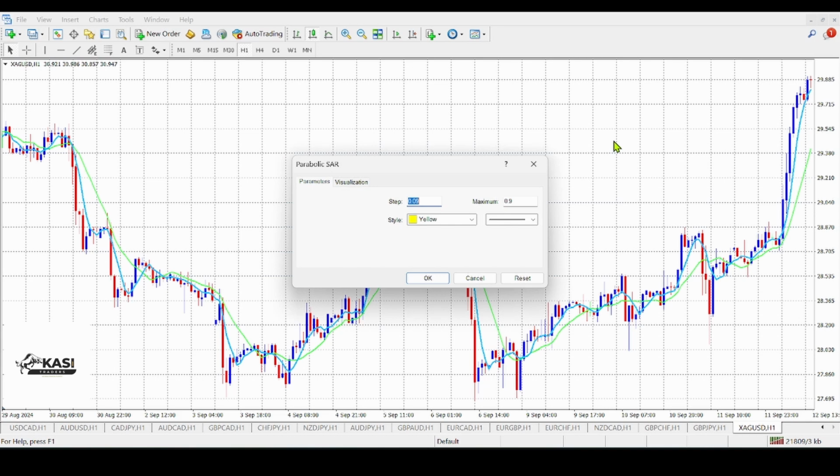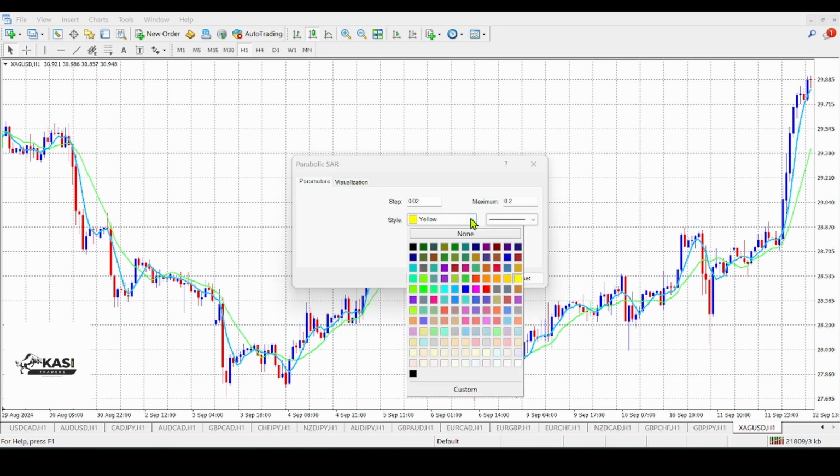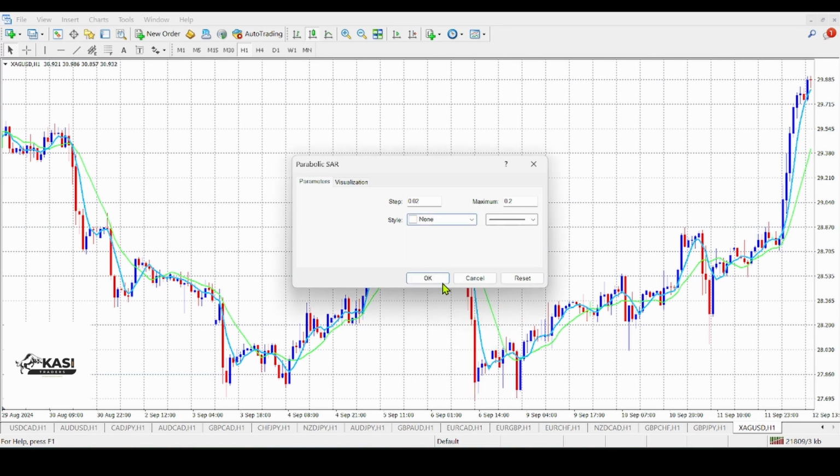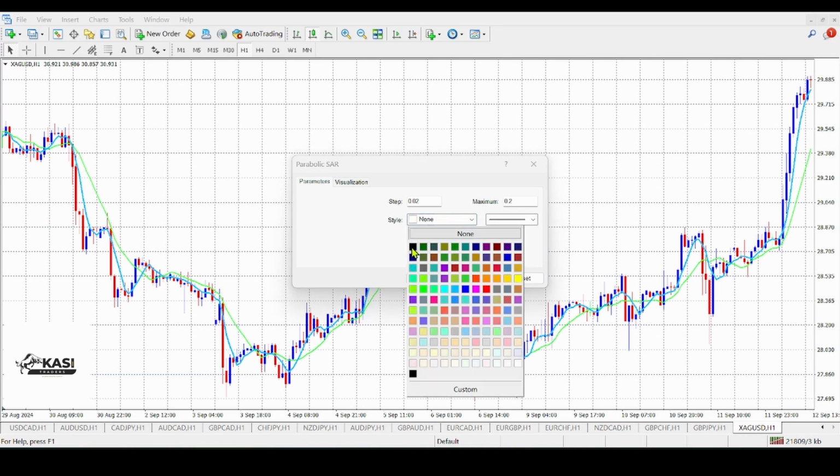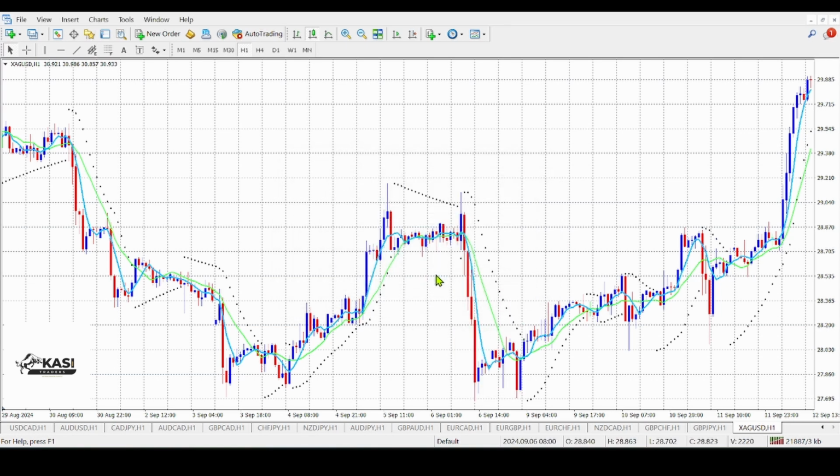The step should be 0.02 and maximum should be 0.2, and let's make this black. Sorry, black. Nice.